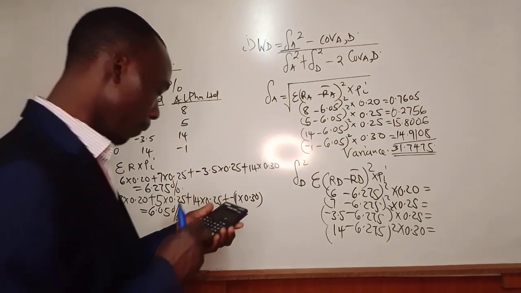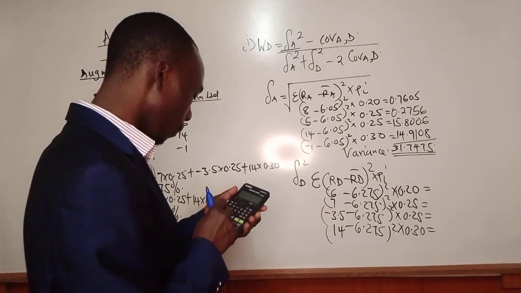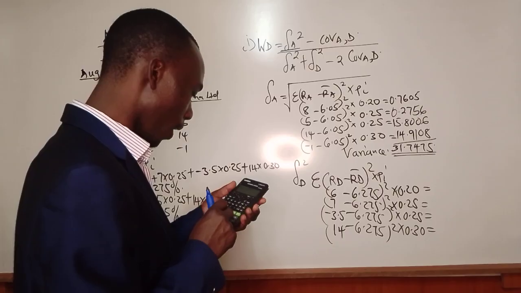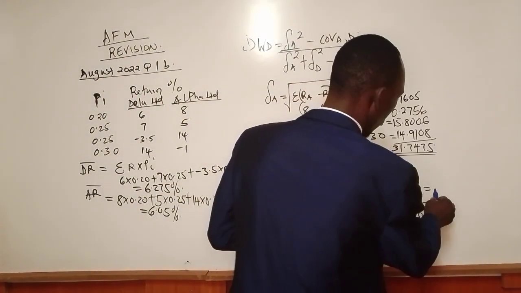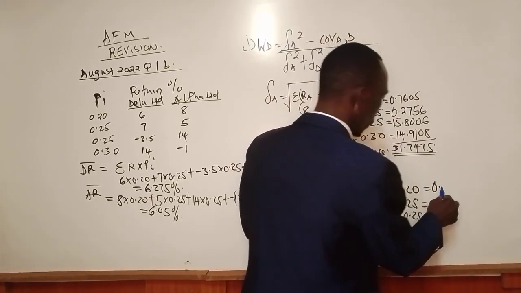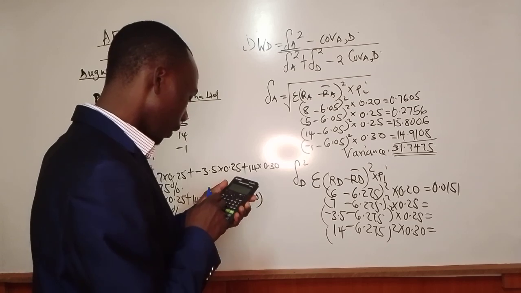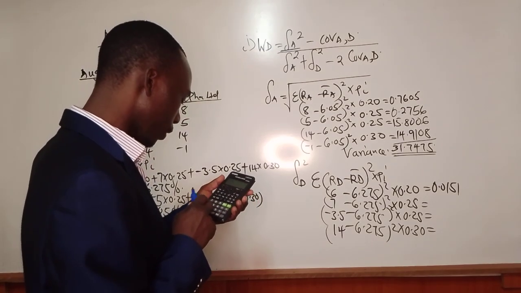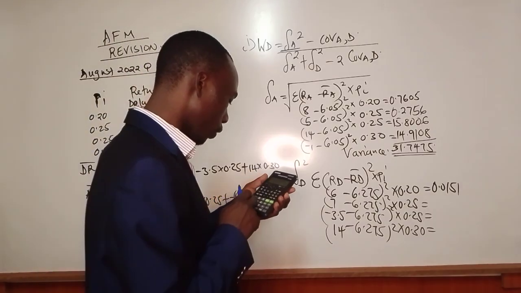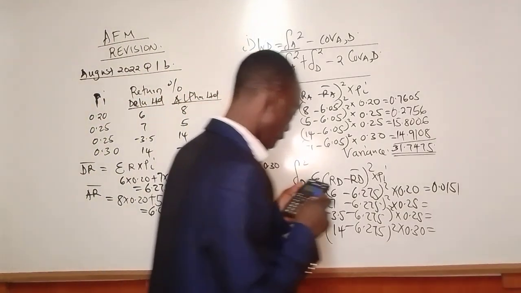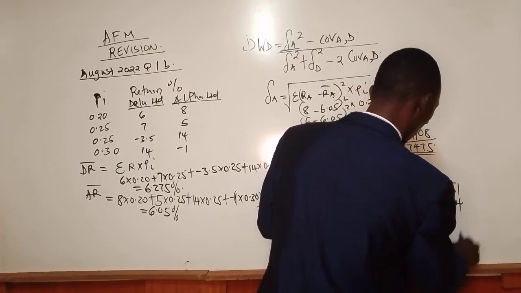So here we are going to have 6 minus 6.275, then you square times 0.2. So here we will get 0.0151. Then the next one is 7 minus 6.275 square times 0.25. So here we are getting 0.1314.